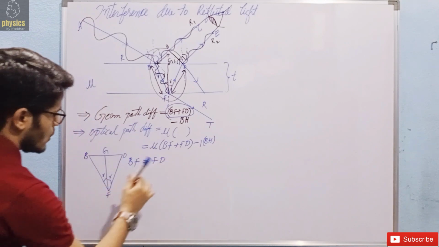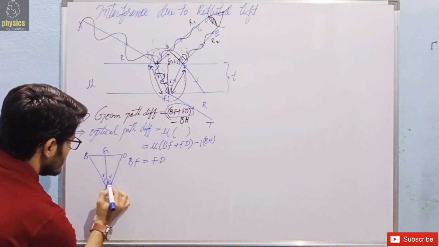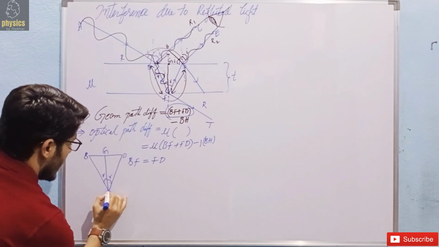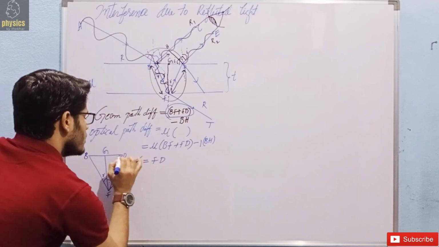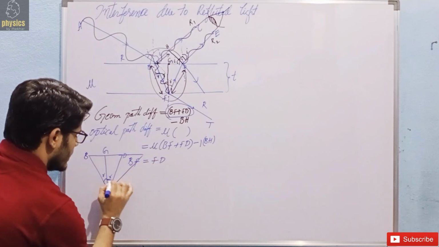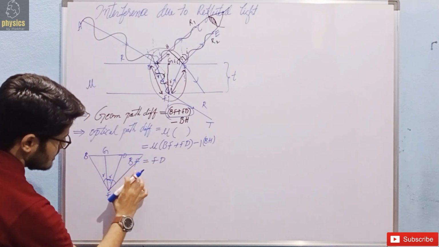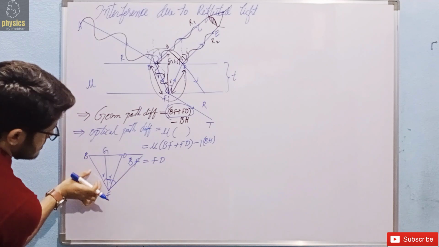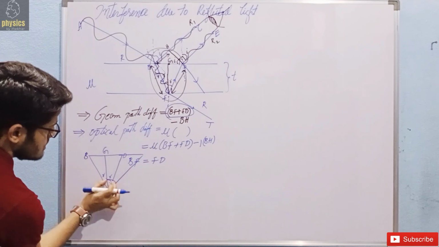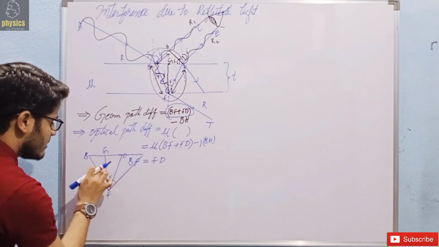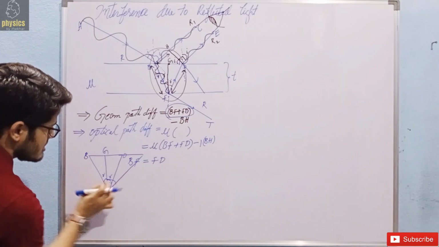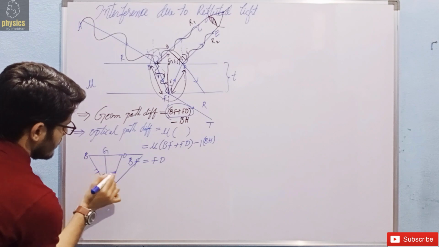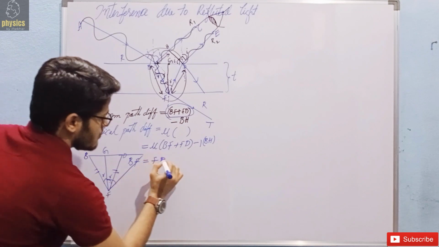Why? Because they both have the same angle. If this angle were a bit bigger, they would not be equal. You see, now this distance is a bit longer than this distance, because this angle is greater. If the angles are the same, we can equate the distances. This distance is equal to this distance.